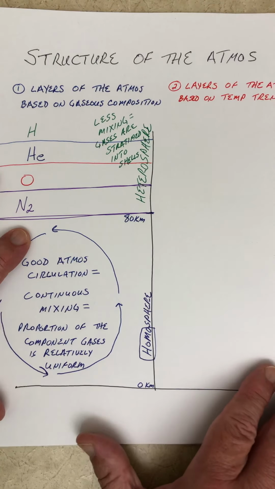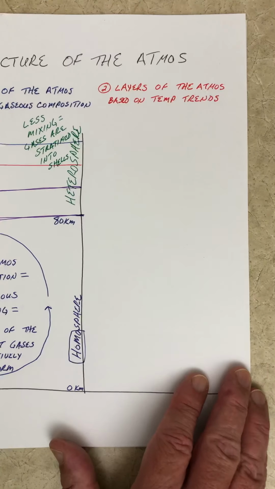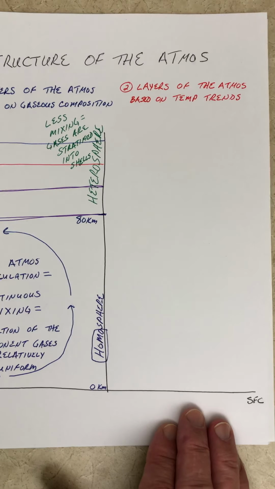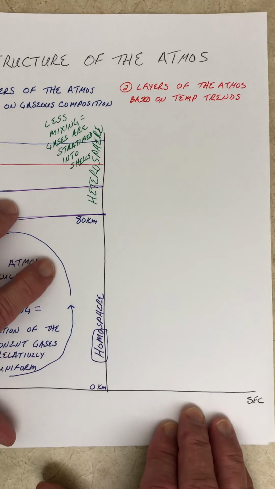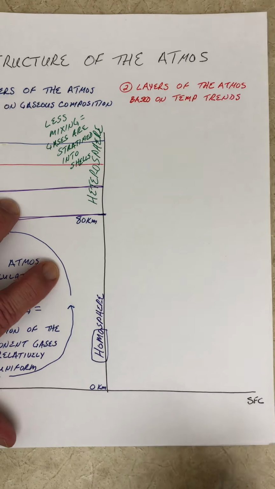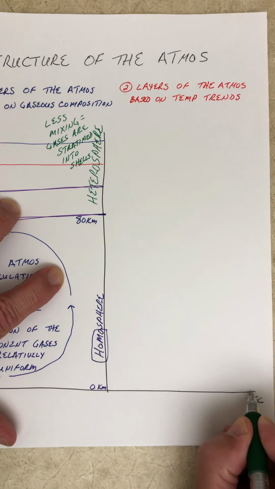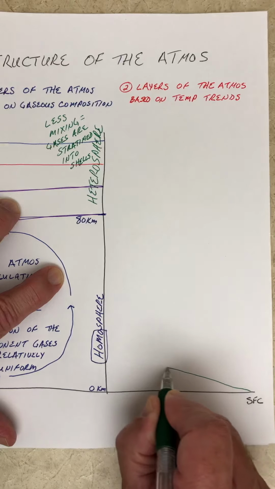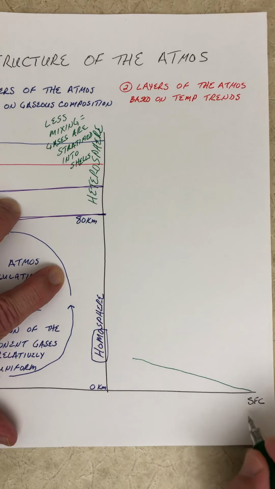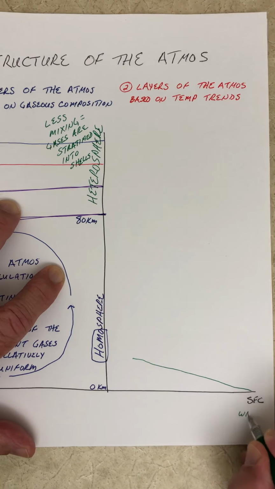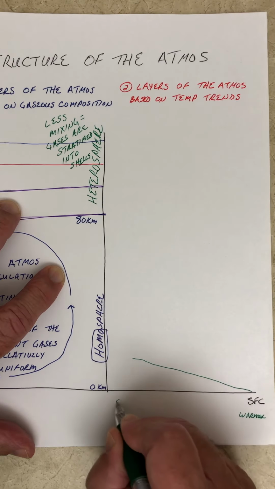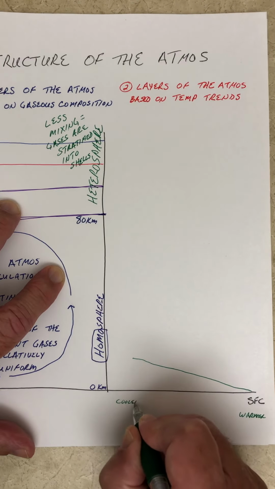Okay, and so the first thing we're going to do is take a look at the lowermost layer of the atmosphere. That's called the troposphere. And so the temperature trends, here this is warmer temperature at the surface and cooler temperatures over here.